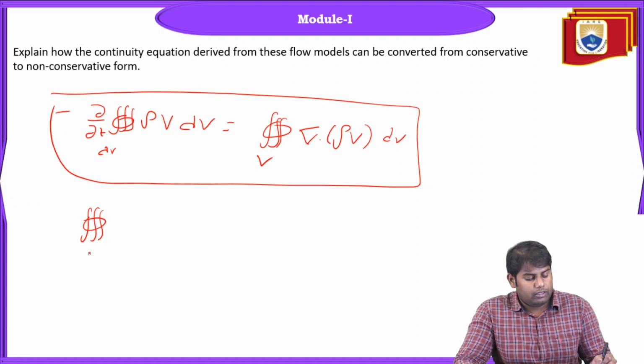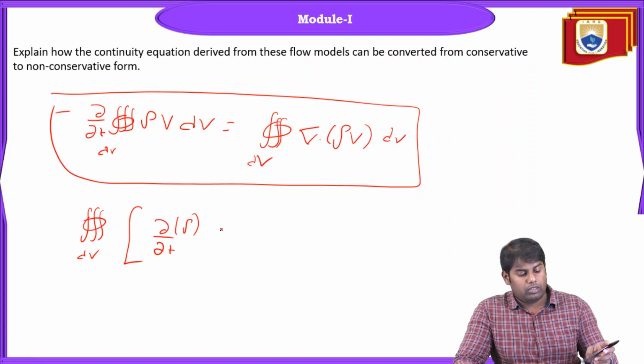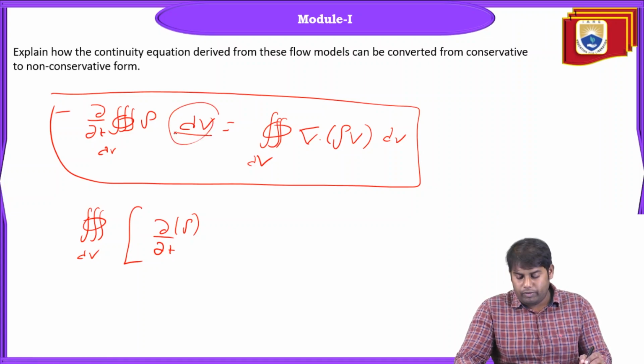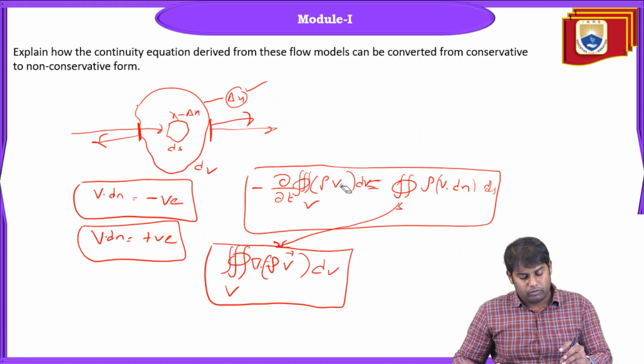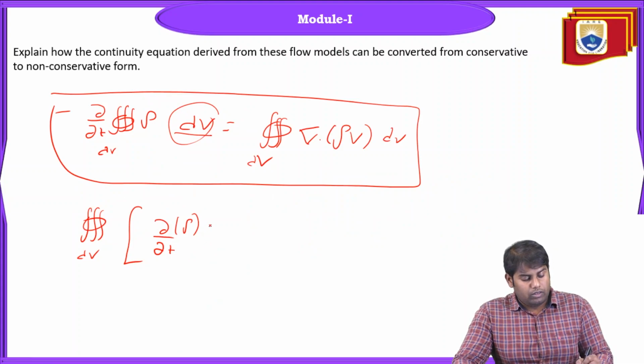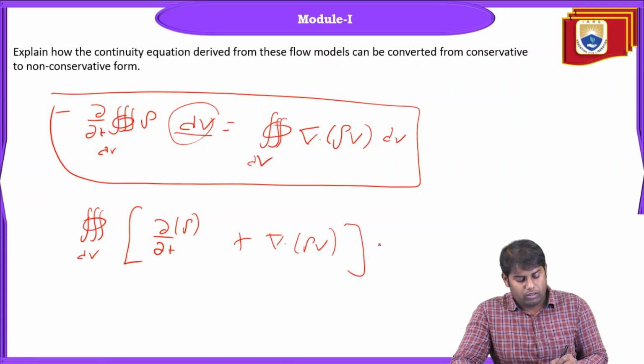You can take it out: dou by dou t of rho, plus del dot rho v, into dv equal to 0.